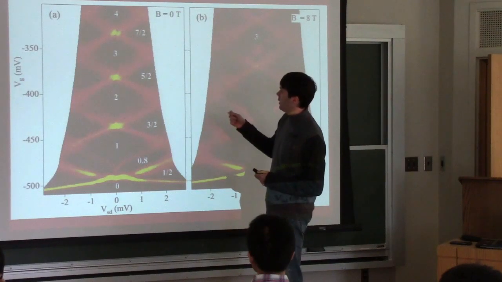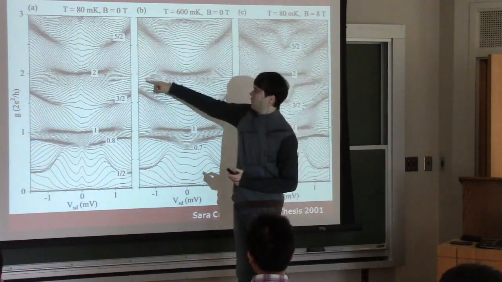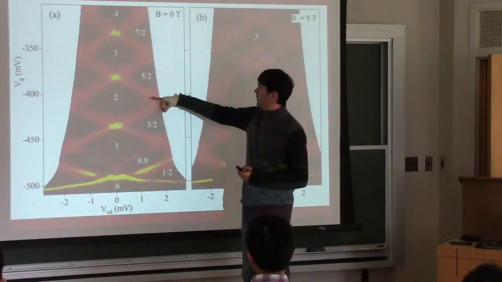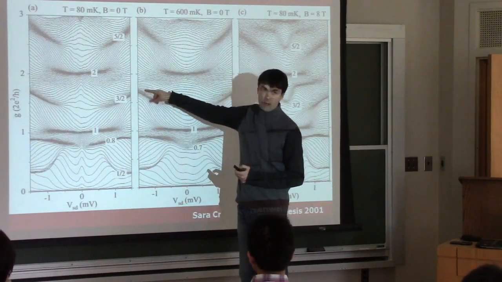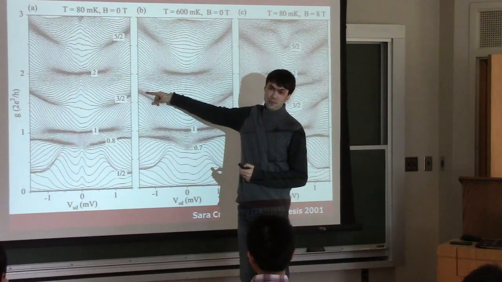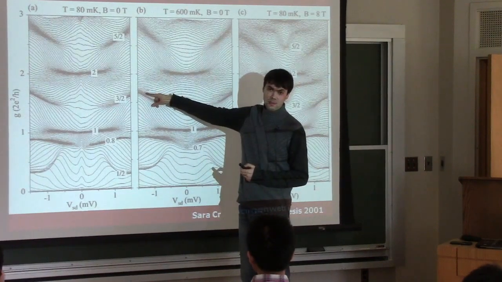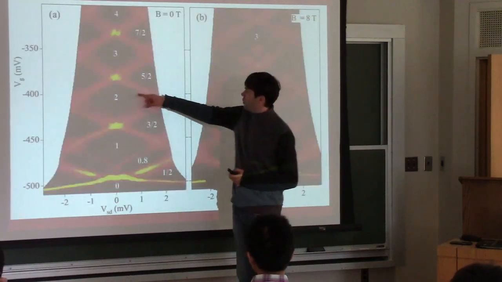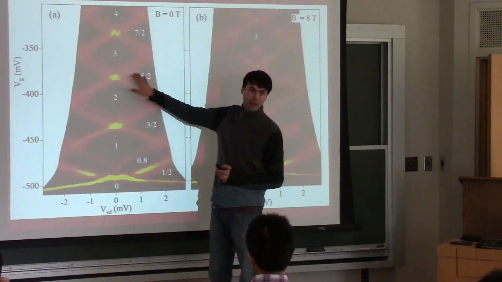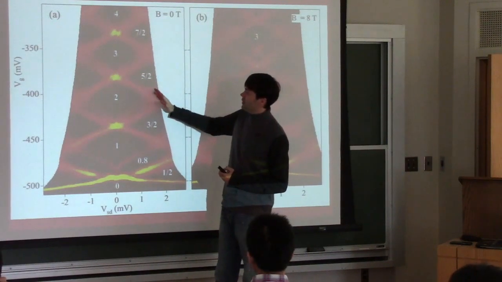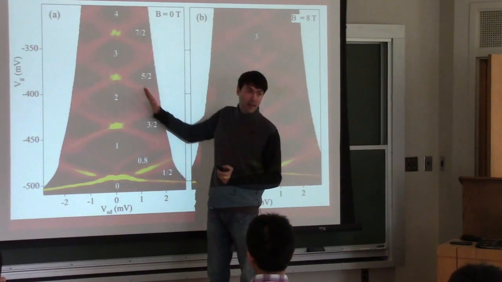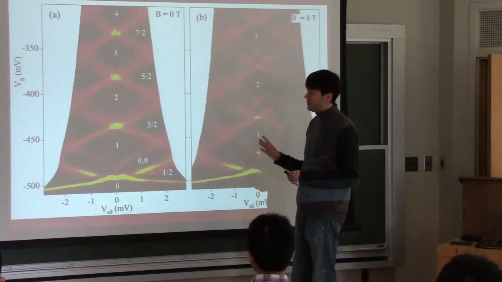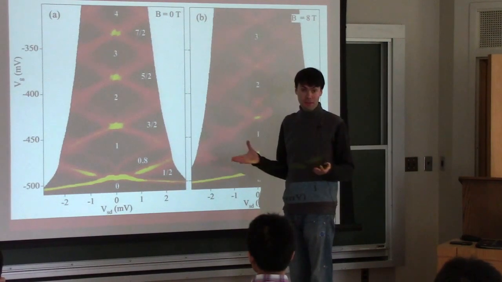And so we took this data and we took a derivative this way. So then when you have a dark region here, it means the derivative dG dVg is 0. Yeah? So you will get a black area here, small derivative. And at the transitions between plateaus, you will get high derivative.